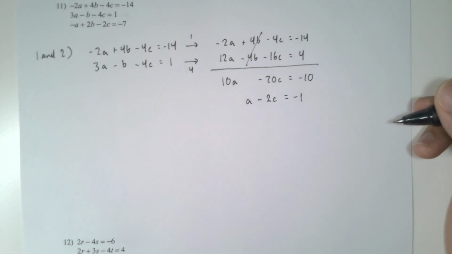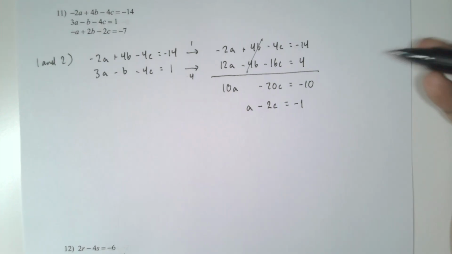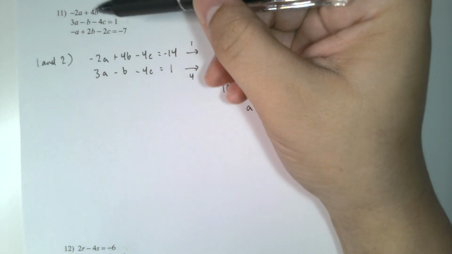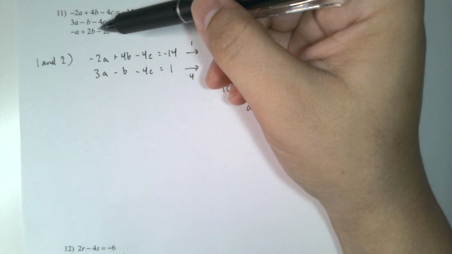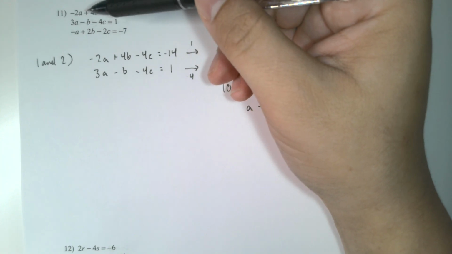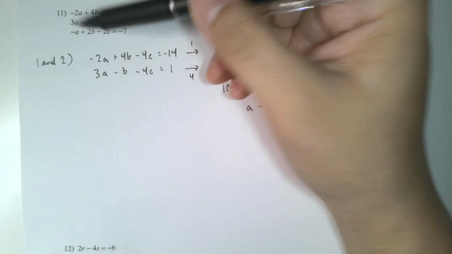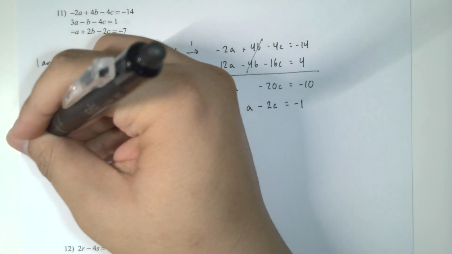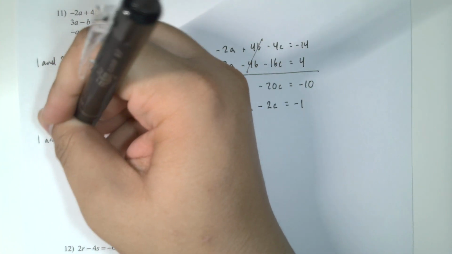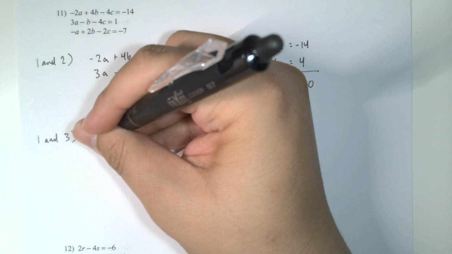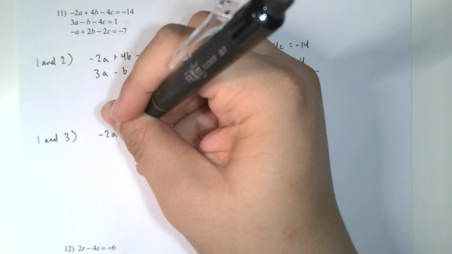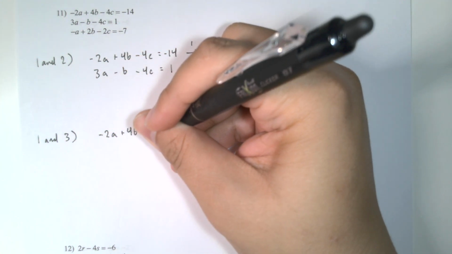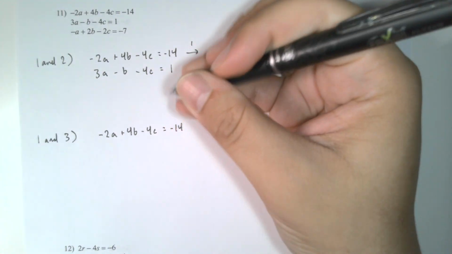Now let's roll with eliminate. We want to eliminate b one more time. I was using equations 1 and 2. Maybe we can use equations 1 and 3. We can multiply the bottom one by -2, and let's see what happens. So 1 and 3, we have -2a plus 4b minus 4c is equal to -14.